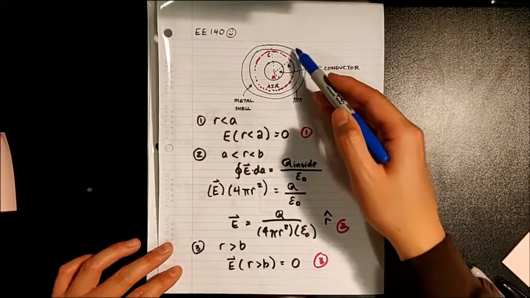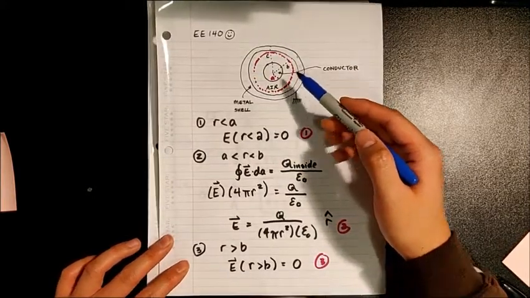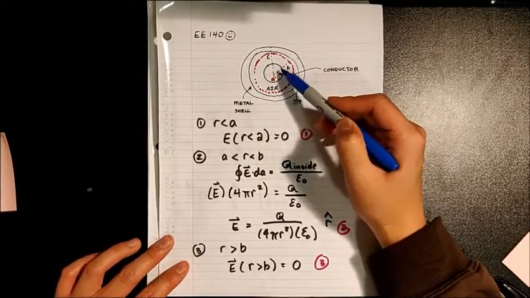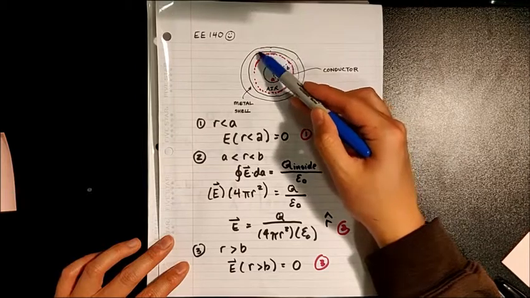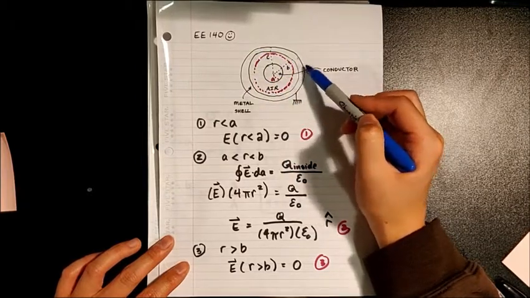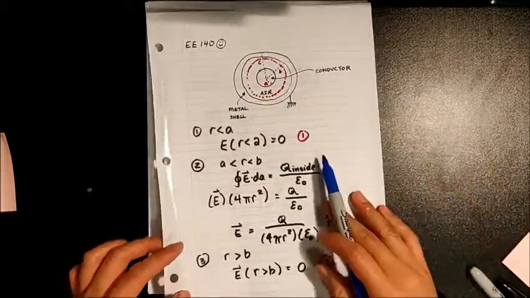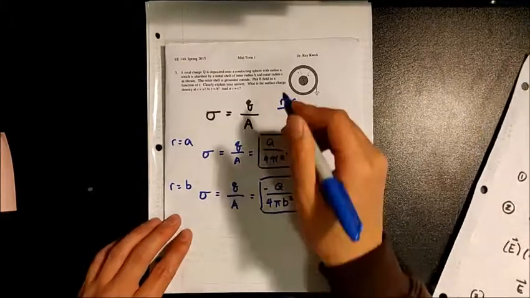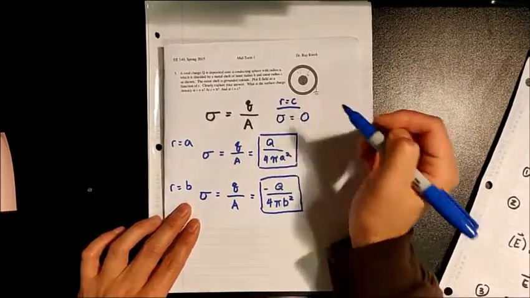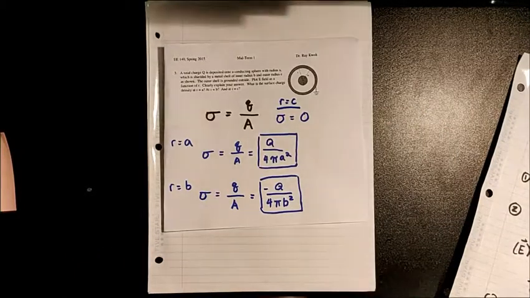Then the charges will be positive, because if this was positively charged on the surface, it will make the induced charge negative on this second surface, which then will attract the positive charges on this outermost surface. But because it's grounded, we can simply say that the surface charge density is 0. And that will be it for this problem.